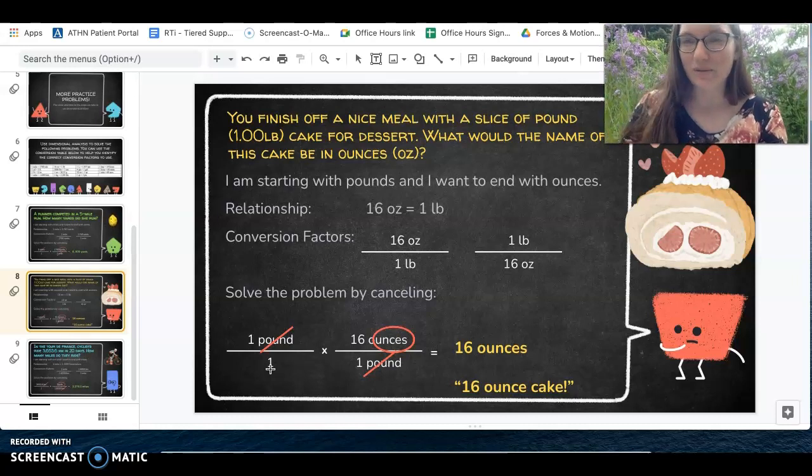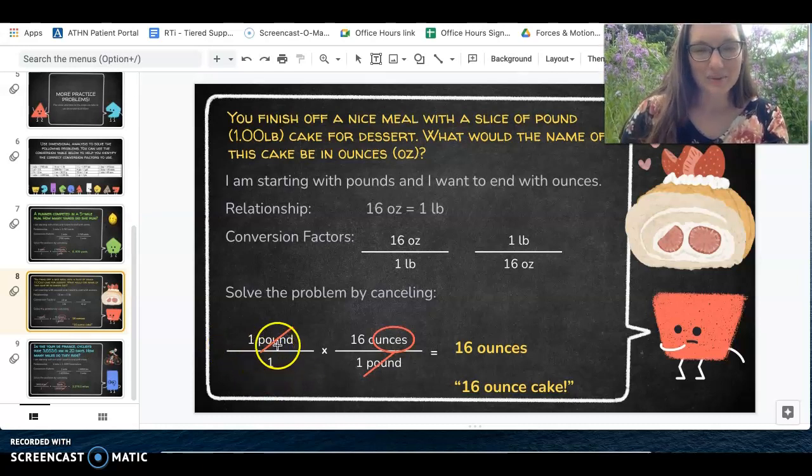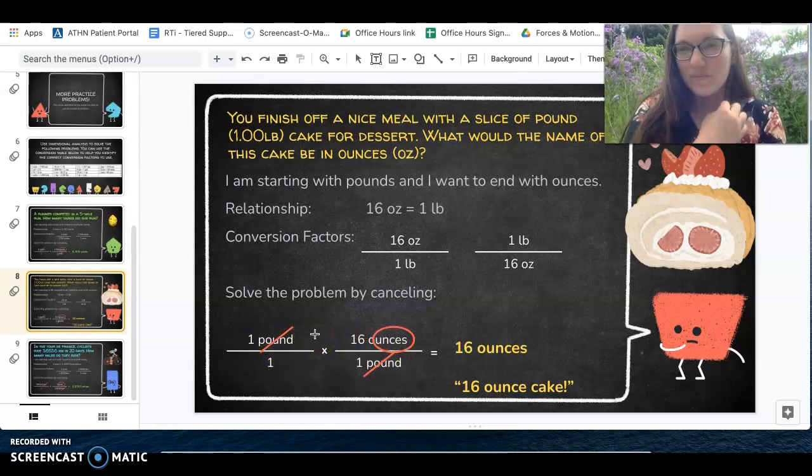If I did Mrs. Allen divided by 2, that would mean there's like 2 halves of me. But anything divided by 1 is just the same thing as itself. And that holds your place. That makes it so that you can see that vinculum on each one and cancel it out nicely like that. Okay?